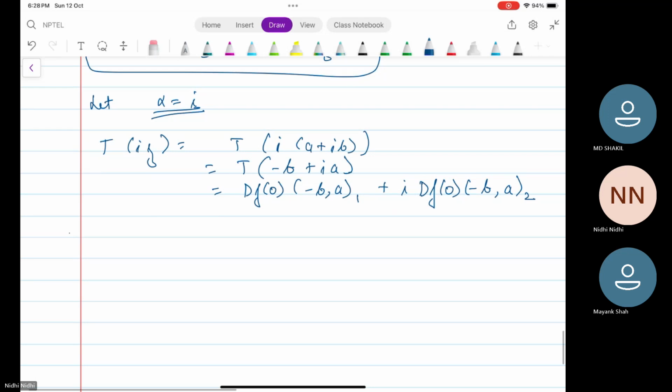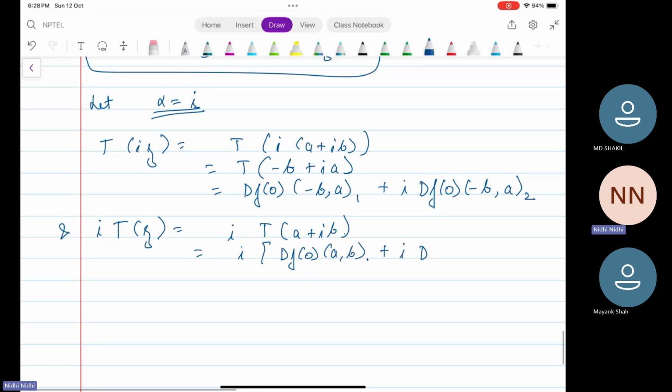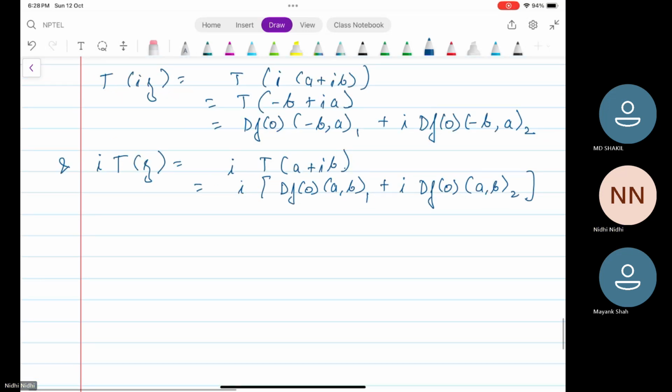And iota times Tz is equal to iota times df0 at a comma b first component plus iota times df0 at a comma b second component. So this will be minus df0 at a comma b second component plus iota times df0 at a comma b first component.